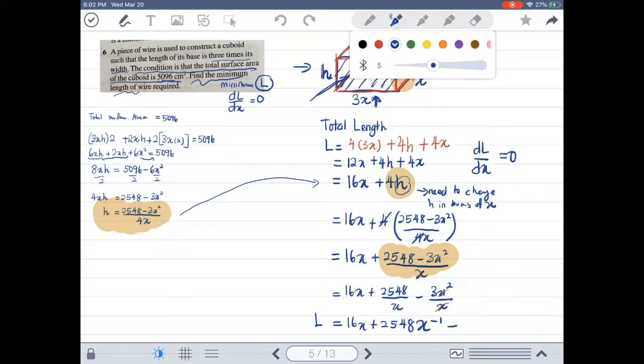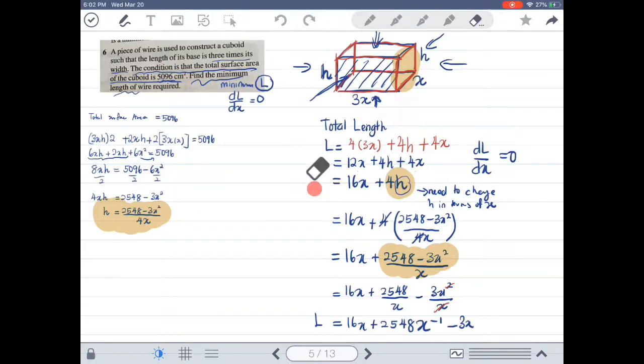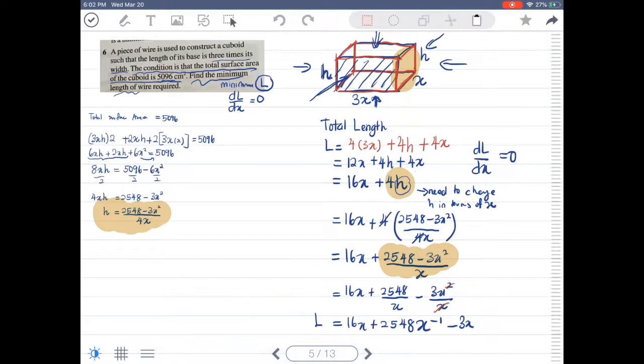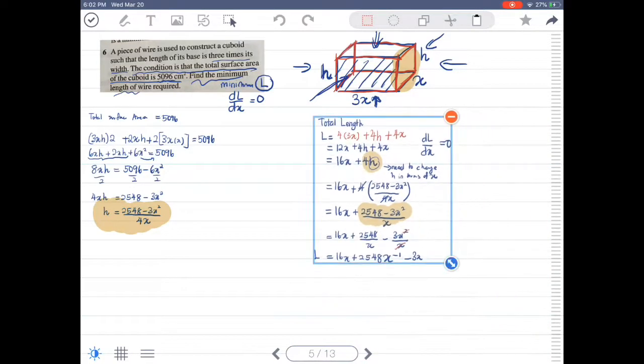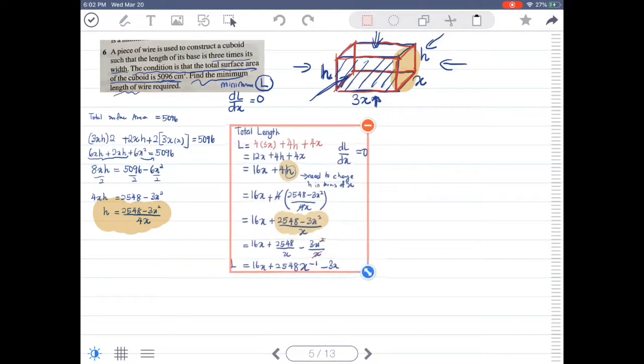We cancel 1 x, leaves us with just 3x. Now we have the function of L. Okay, let me resize this and put it here.